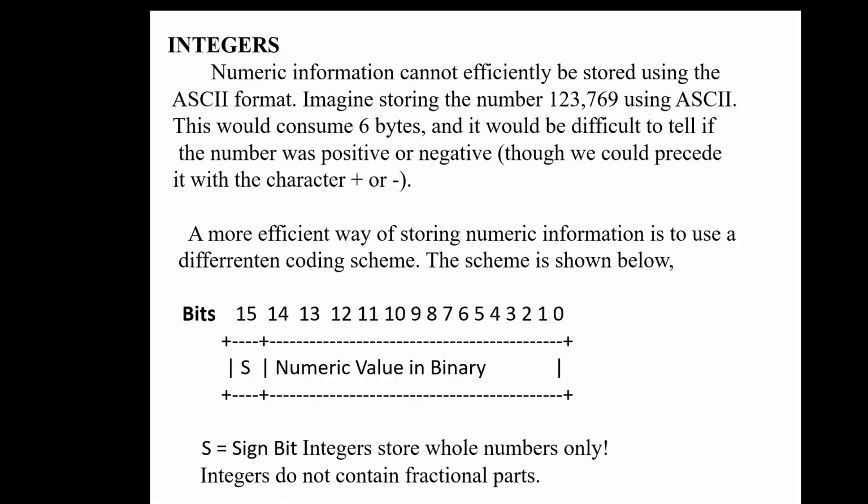The value of 1 represents a negative magnitude, and the value of 0 represents a positive magnitude. The numeric quantity is represented by bit 0 to bit 14. And remember that in an integer, only whole numbers can be stored. Integers do not contain fractional parts.